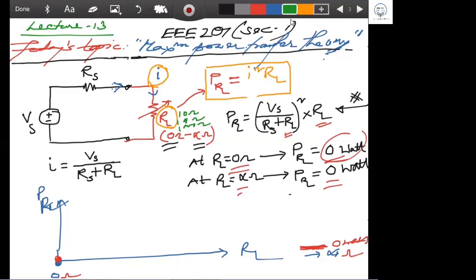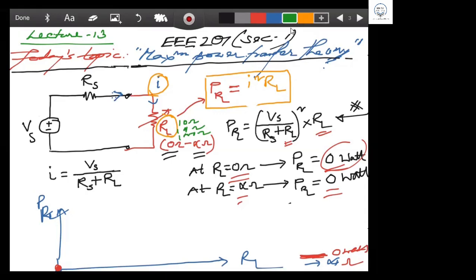If I put different values, then what will be PRL every time? Will it be 0 all the time? No, sir. No, not at all. So if you put the value of RL for different values, then the PRL will be negative or positive.